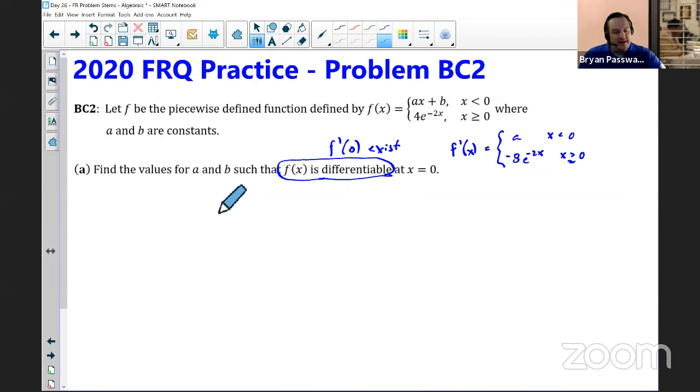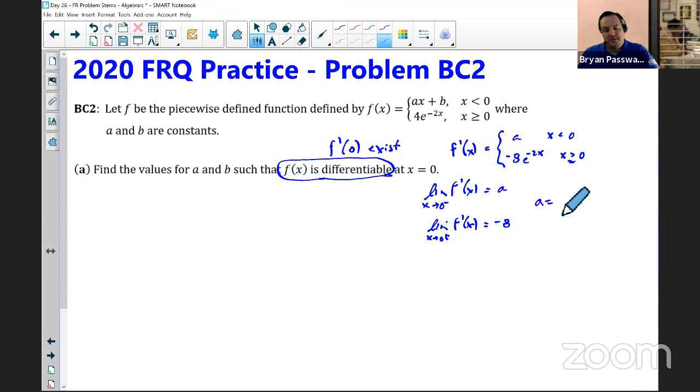So from the left, the limit of f prime of x as x approaches 0 from the left, that's just going to be a. And the limit as x approaches 0 from the right of the derivative, if I plug in 0 here, just equals -8. And if this function is differentiable, those have to match up, which means a has to be -8.